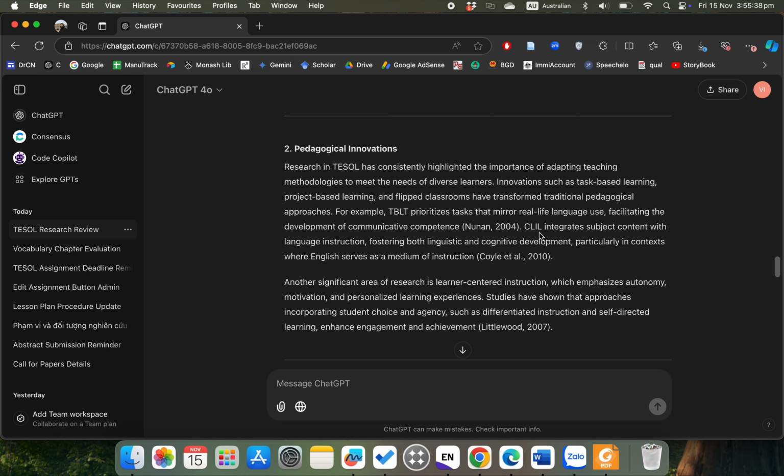So you see that this is not a well-supported paragraph, because the example seemed to be fine when you talk about task-based, but then it moves on to content language integrated learning, and this one is not really about task-based.